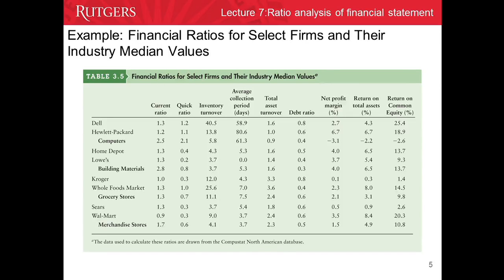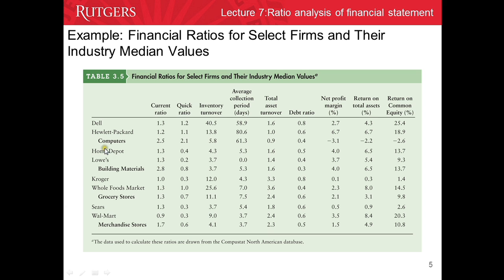Also, this slide shows an example of the financial ratios for select firms and their industry medians. We can see that for Dell and HP, there is the current ratio. So the comparison of Dell and HP's ratios is the benchmarking, and the comparison of Dell and HP's ratios to the average computer companies' ratios is the comparison to the industry average.